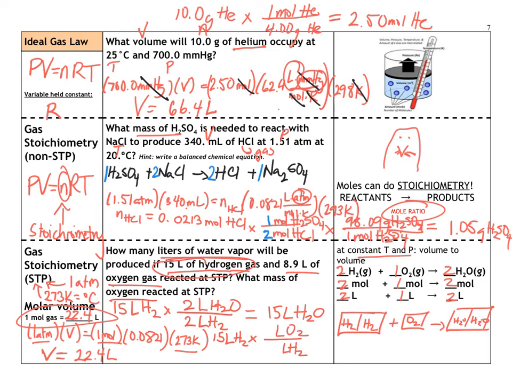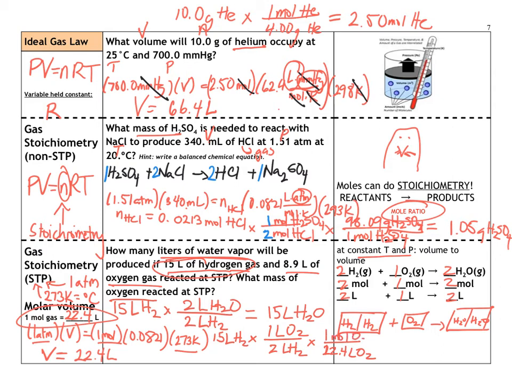And the liter to liter ratio is 1 for every 1 liter of oxygen requires 2 liters of hydrogen. So then we know we're at STP conditions. At STP conditions, we know that there's 22.4 liters of oxygen for every 1 mole.